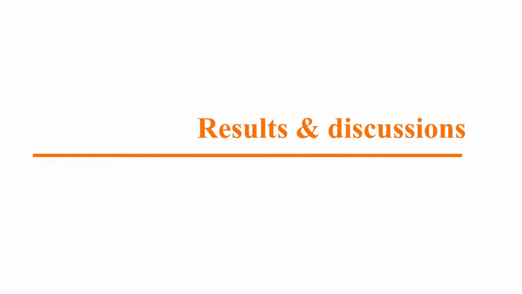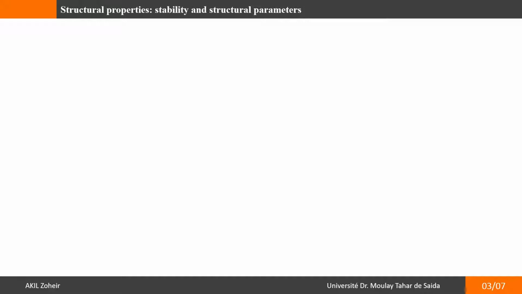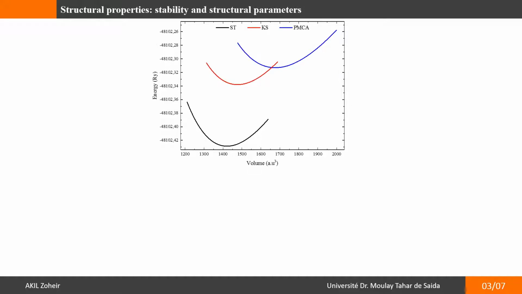Results and discussions. The knowledge of the total energy of this material allows us to know the most stable structure. This figure shows the variation of the total energies with respect to volume for different phases, adjusted using the Birch-Murnaghan equation of state. The results found show the most stable phase is stannite, while the least stable phase is PMCA.